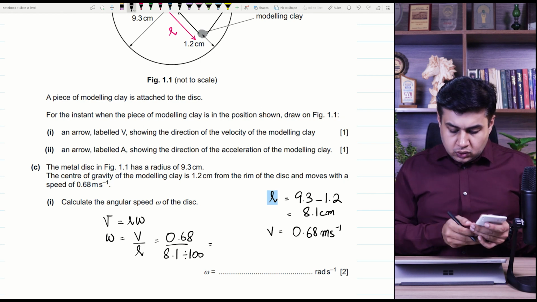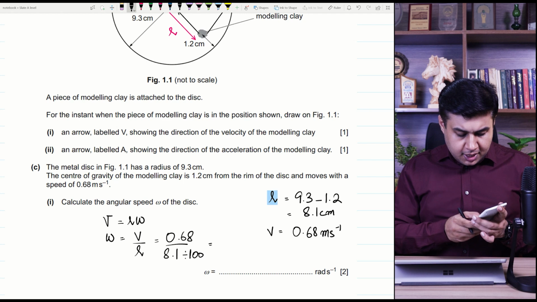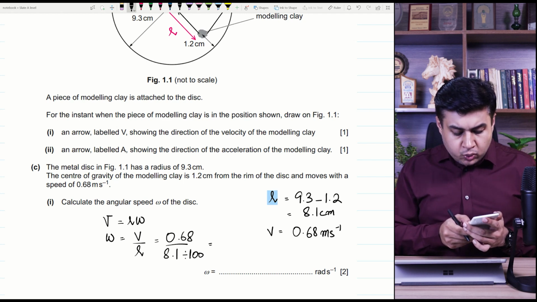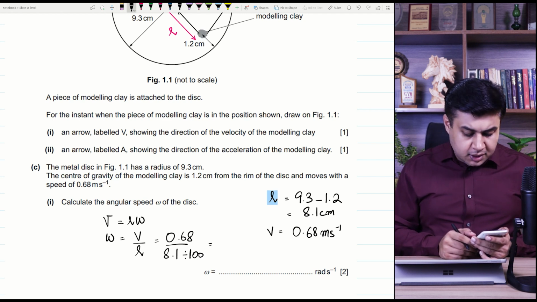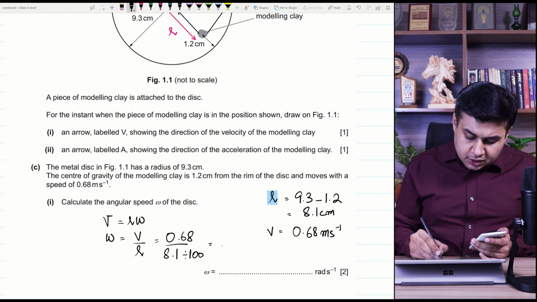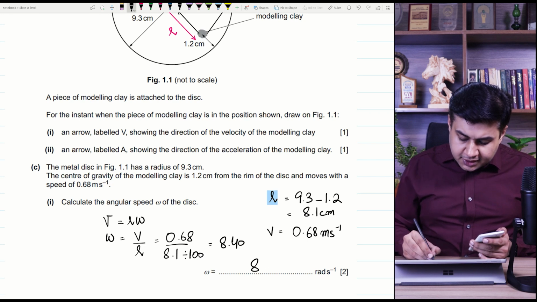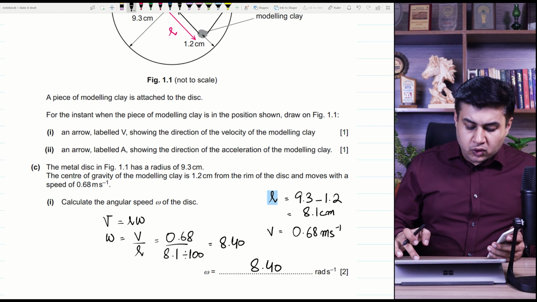So 0.68 divided by 8.1 by 100, your answer is 8.395. In 3 significant figures, this value is 8.40 radians per second. बहुत आसान part था. Let's move on.